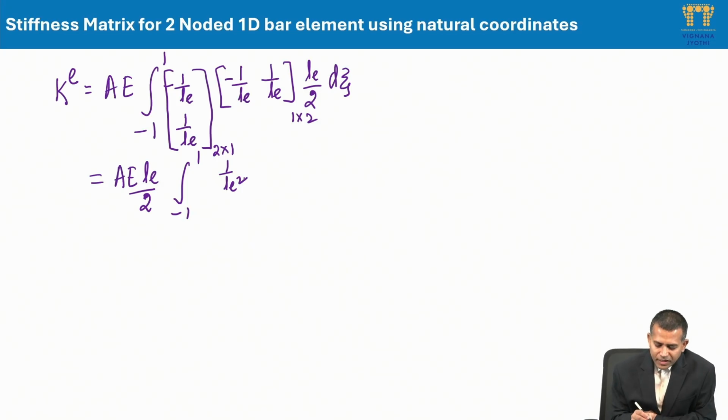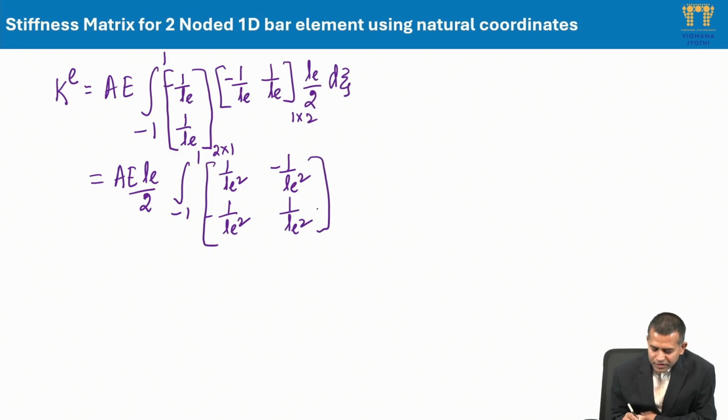Minus 1 by LE times 1 by LE gives minus 1 by LE square, and again 1 by LE square for the last term, all into d zeta.